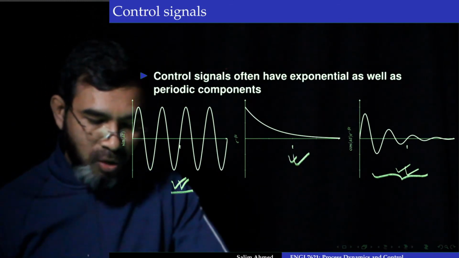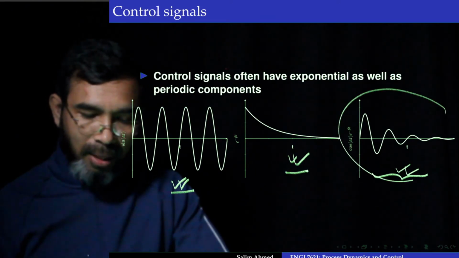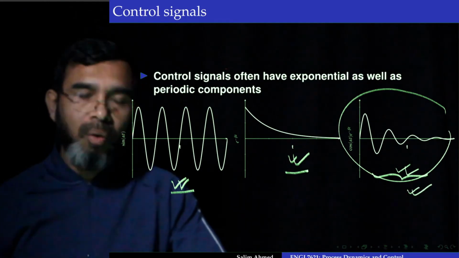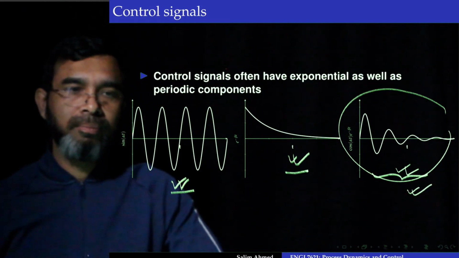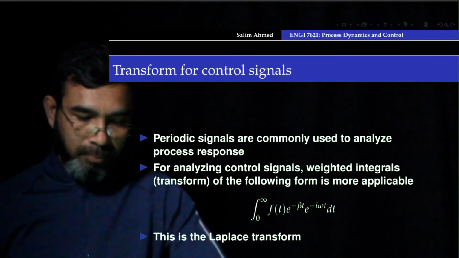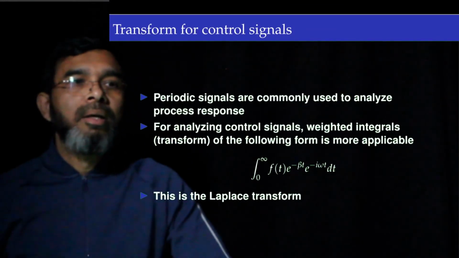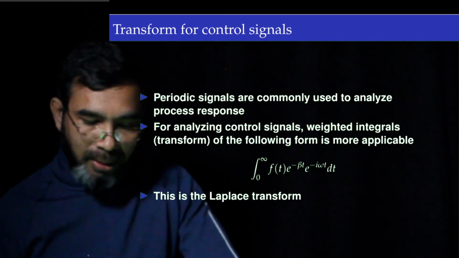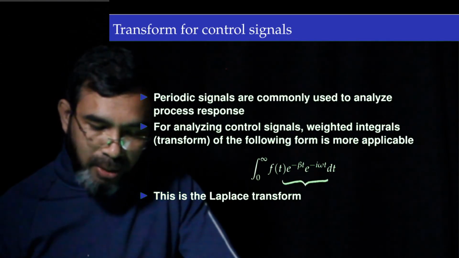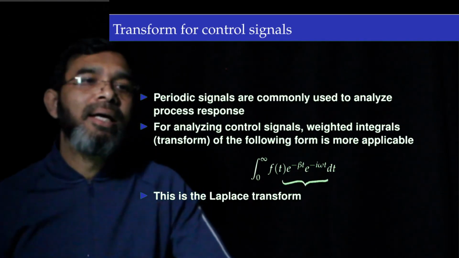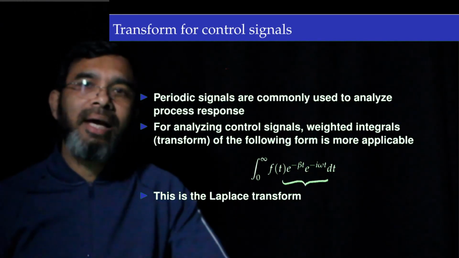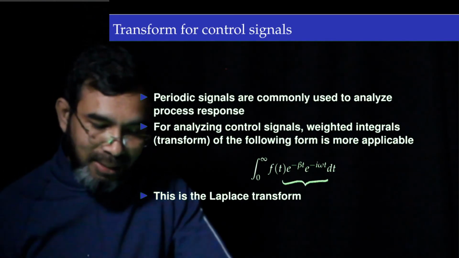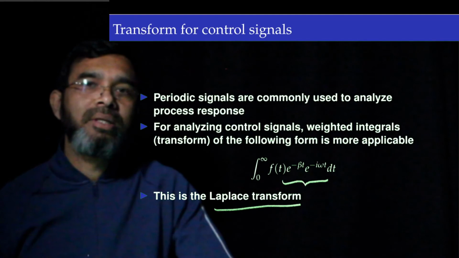So if you multiply a sinusoid by an exponential function, you end up getting something like this. Now for this type of function, what type of transformation can be used? For periodic signals having an exponential component, if you combine these two transformations, we can identify the frequency content and also identify the decaying factor, and that's exactly what the Laplace transform is.